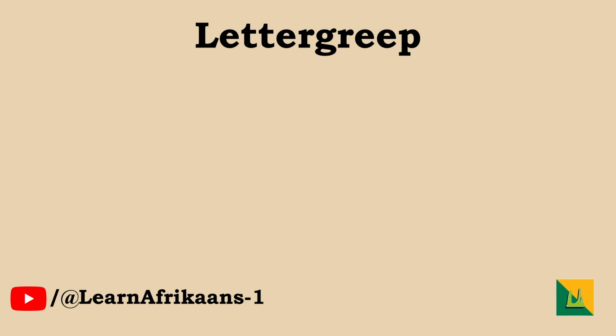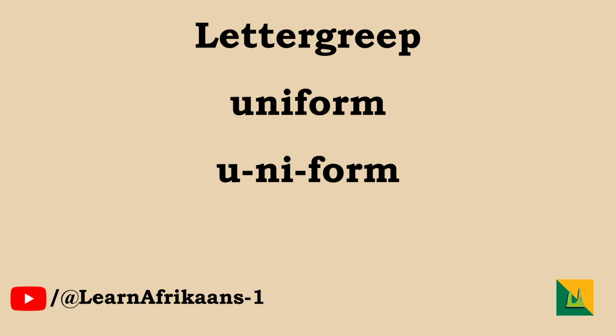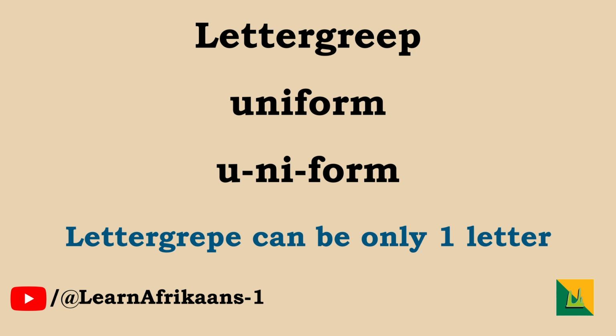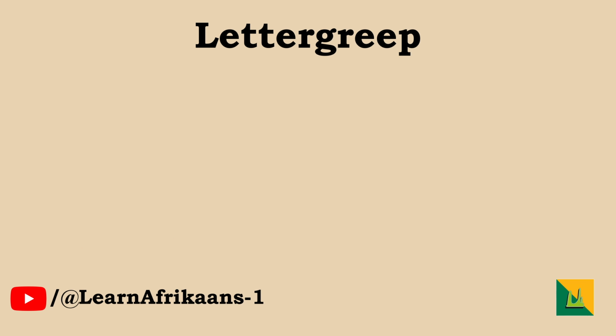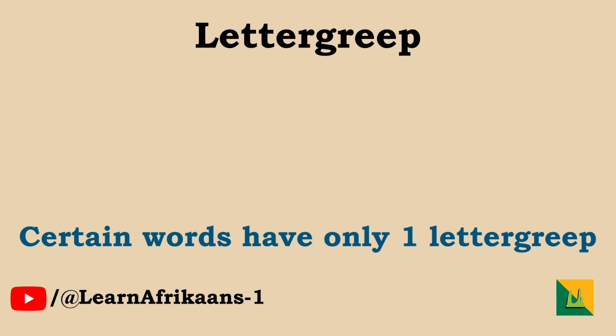Let's look at a couple of examples. The word uniform has the exact same lettergrepe in English and Afrikaans. Let's divide it. Uniform. As you can see in uniform, a lettergrepe can exist out of only one letter. Alternatively, some words only have one lettergrepe.